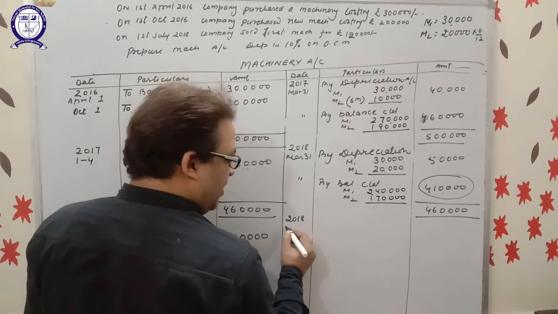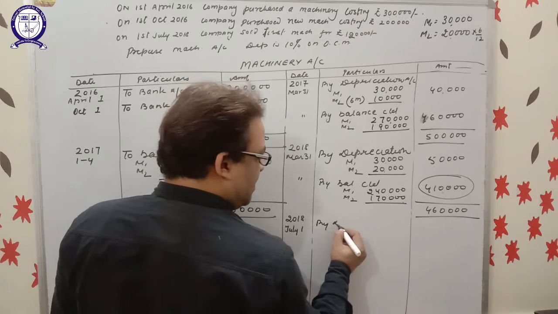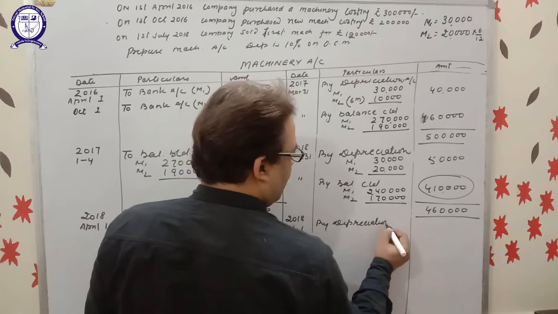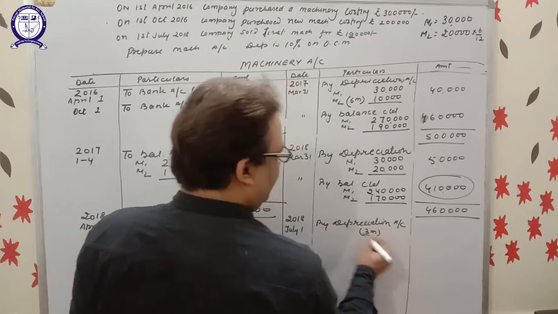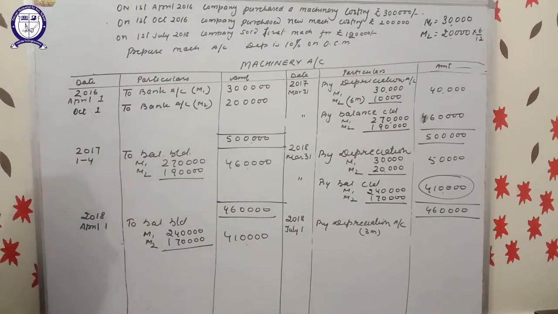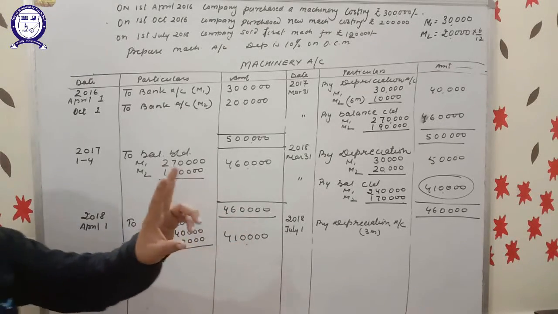So right here, July 1st, by depreciation first of all, on machinery number 1 for 3 months only, because we have sold the machinery on July 1st. April, May, June, we have used this machinery for 3 months.